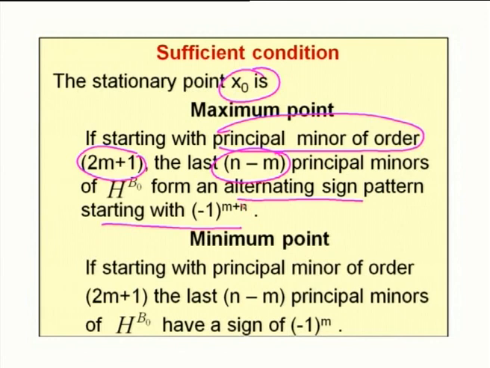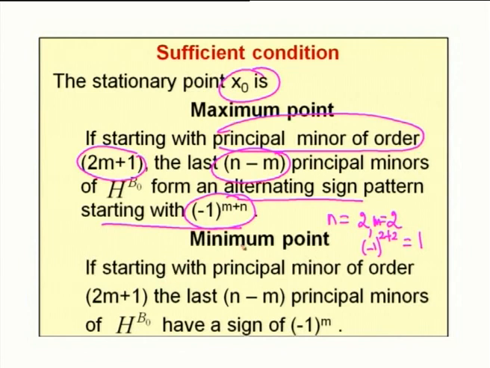What it means: suppose the given NLPP involves 2 variables and has 2 constraints, that means n equal to 2 and m equal to 2, then minus 1 power m plus n is minus 1 power 2 plus 2, which is minus 1 power 4, which is positive. So the sign of the first principal minor of HB naught should be plus, the next sign is minus, the next is plus, alternating. The first sign starts with minus 1 power m plus 1. This is the condition for a maximum point.